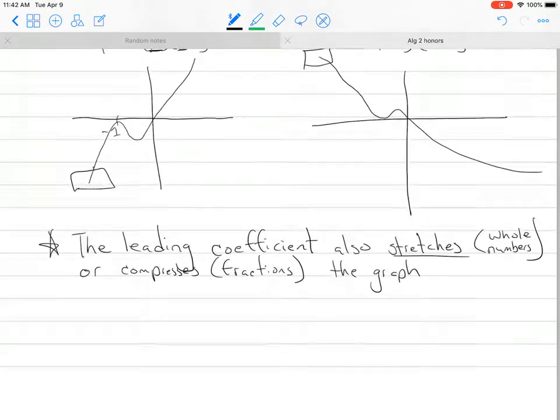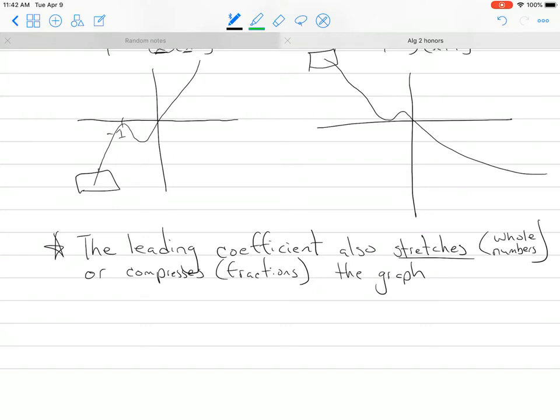Okay, anyway, let's finish this off. The other thing that the leading coefficient tells me is that it either stretches or compresses the graph, which you already know. The a value stretches it. So if you have y equals x squared and you put a 2 in front of it, it stretches it out so it's longer.